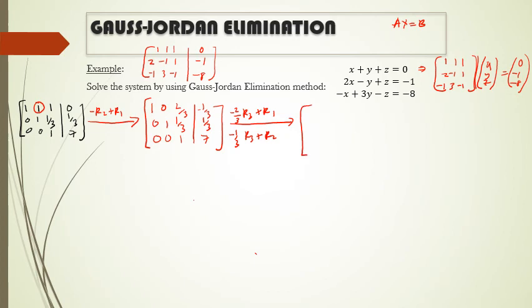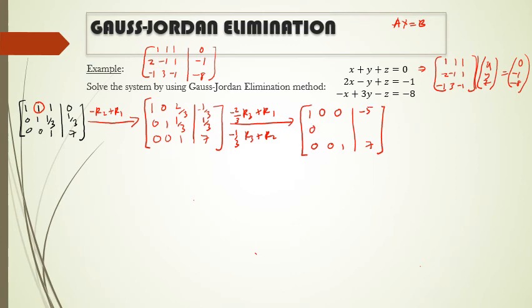Row 3 will remain the same. Here is row 1, 1, 0, 0. So this one, negative 14 over 3 minus 1 over 3 will be negative 15 over 3, which equals negative 5.